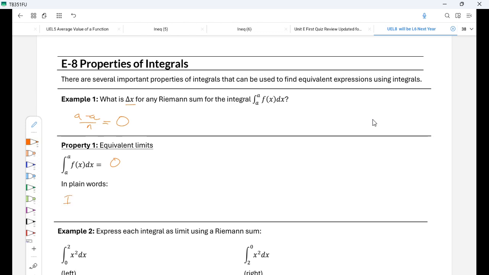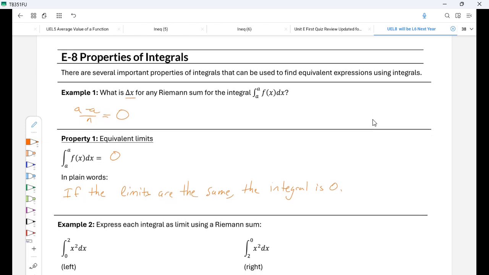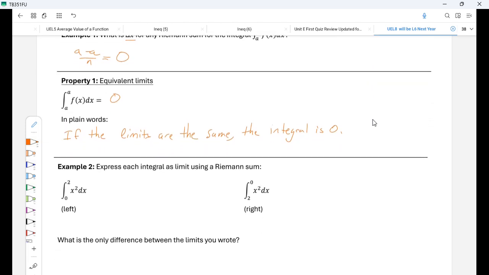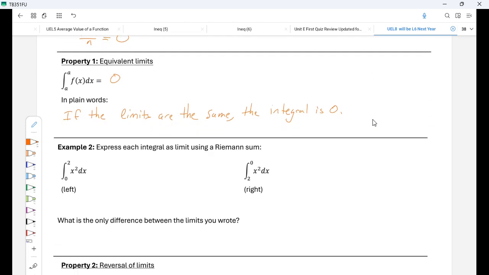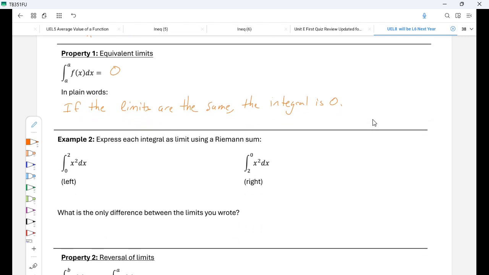So in plain words, if the limits are the same, the integral is 0. Nothing to do there, no antiderivative to find.